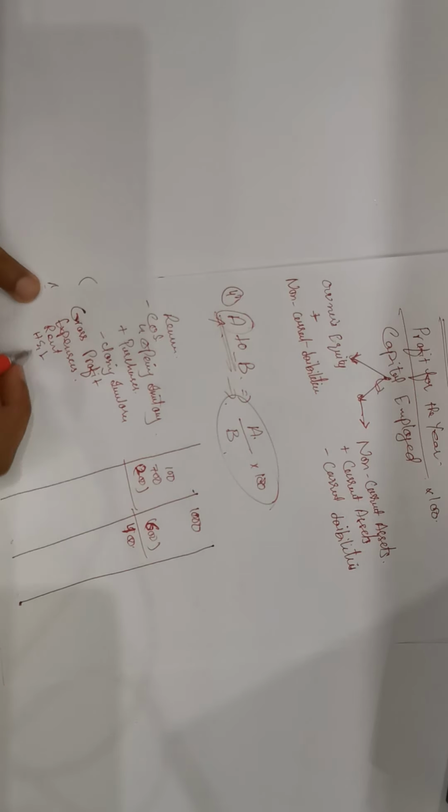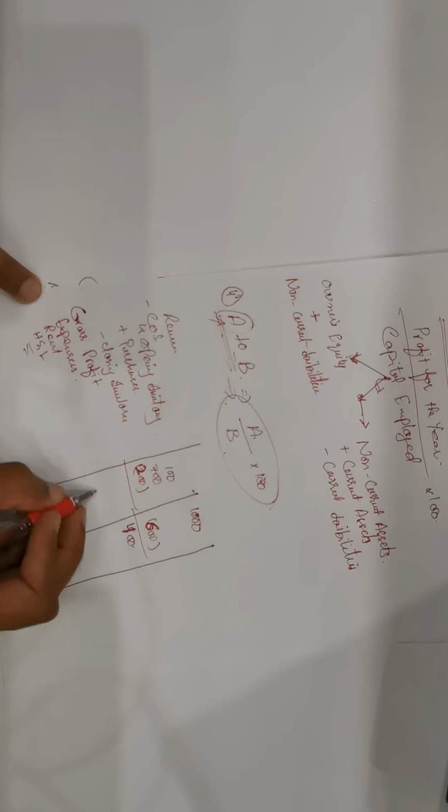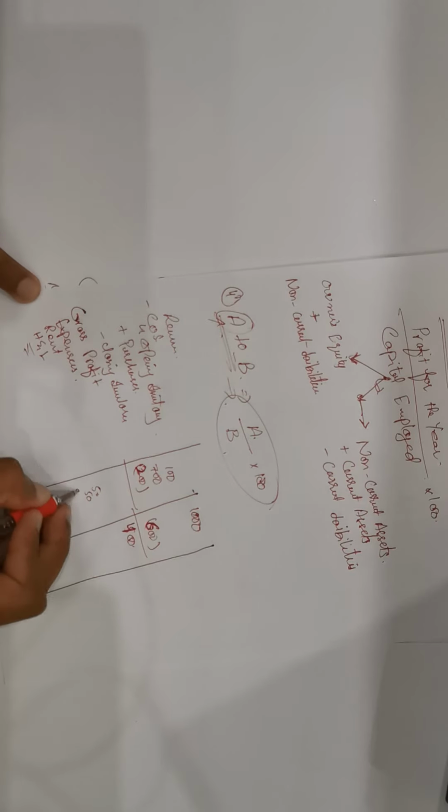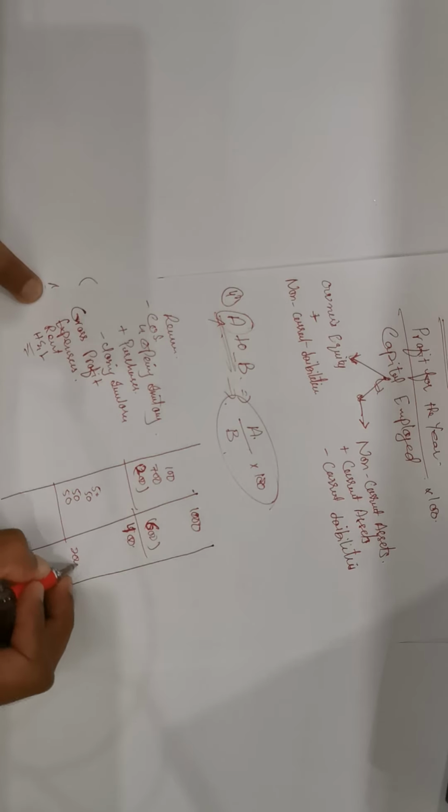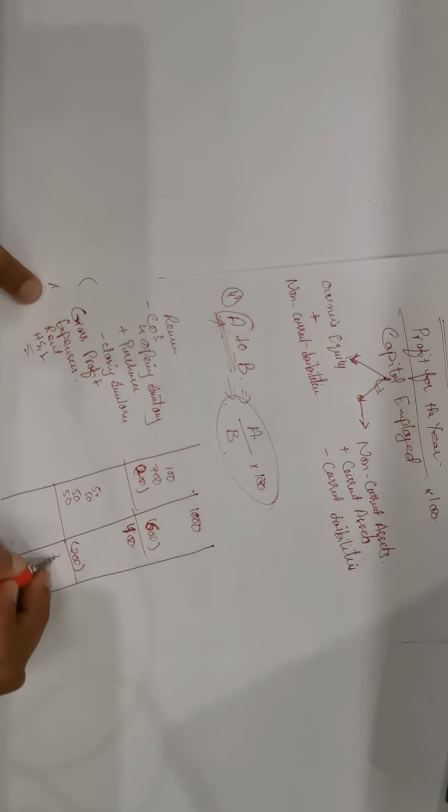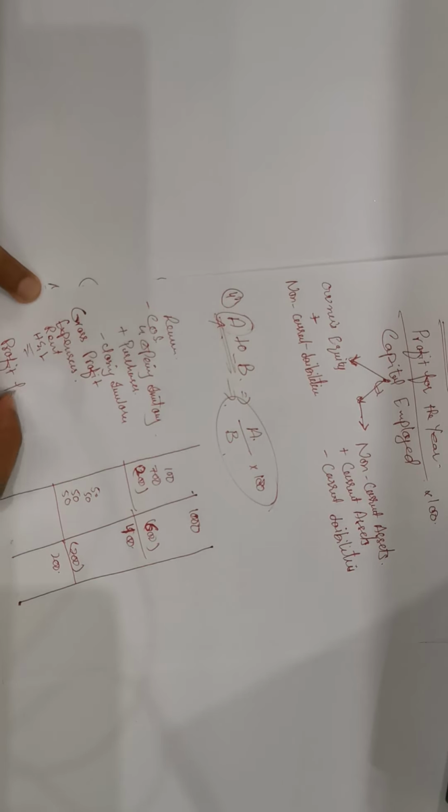Let's say we add up all of those, 50, 50, 50, and then one more 50, and the total expenses are 200, and what I have is 200 as profit for the year. That's it. Profit for the year.